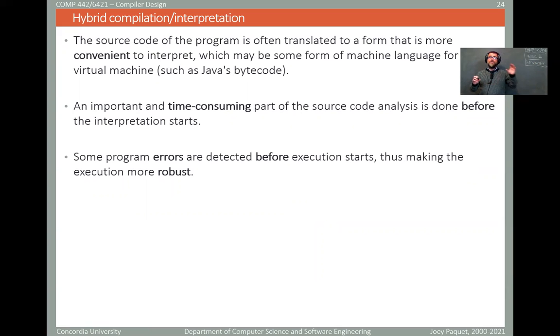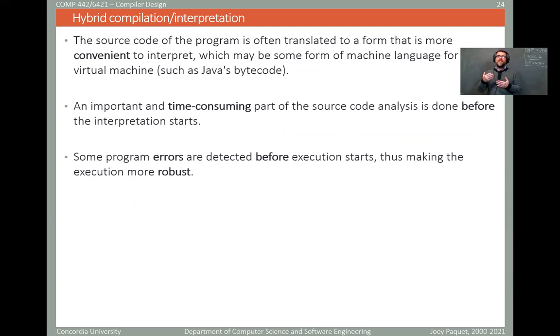Now, what if you feed to your interpreter a program that is, for example, syntactically wrong? The interpreter would only figure out the error when it tries to execute this code that is syntactically wrong. So the only way that you would be able to know if your program is wrong is by executing it, which is kind of backwards and kind of dangerous.